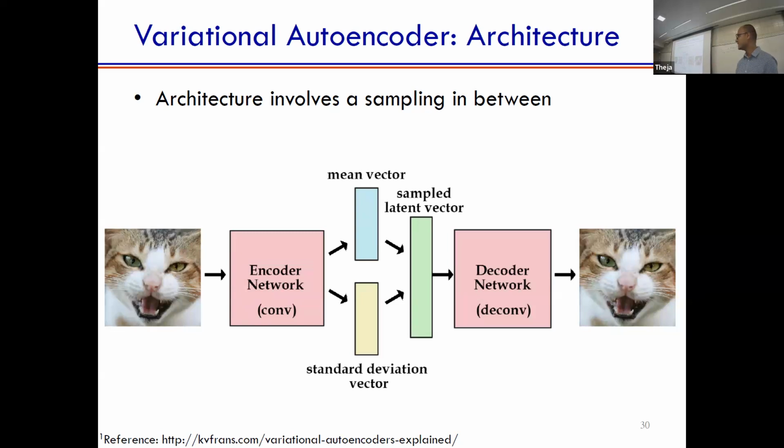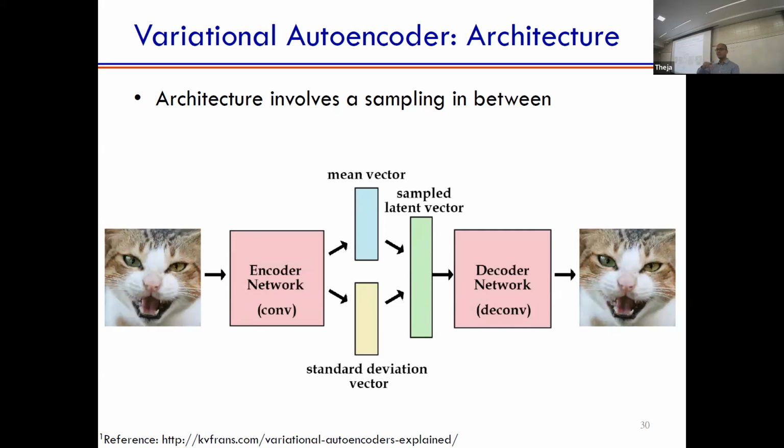So it's independent across coordinates, which means that instead of representing a matrix, you can just look at the diagonal vector, which will just be the variances of each coordinate, or the standard deviation of each coordinate, and then you have the mean of each coordinate. So there are two vectors you're producing. Once you produce those two vectors, you can sample a z given the mean and the covariance.